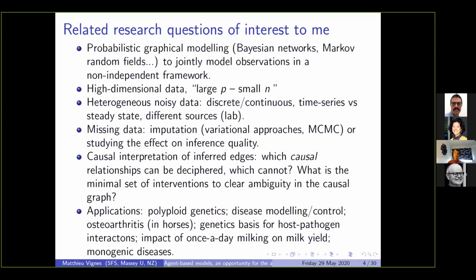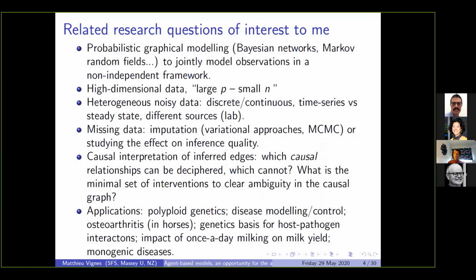The data can be heterogeneous and noisy. So, for example, you would be accustomed to Keyman's work, who tries to integrate data from different sources, so from different labs. We can encounter missing data.